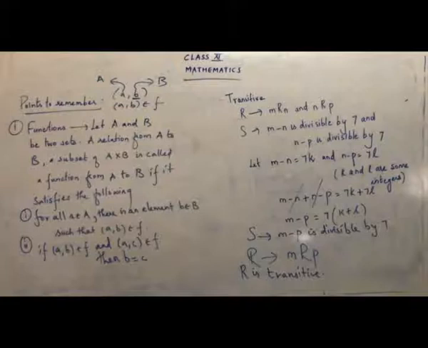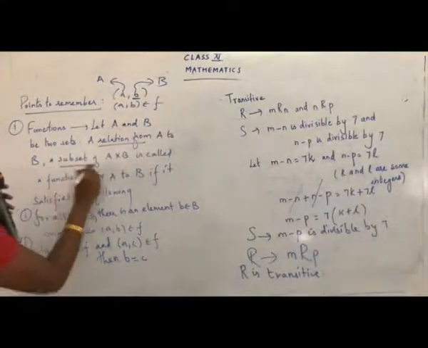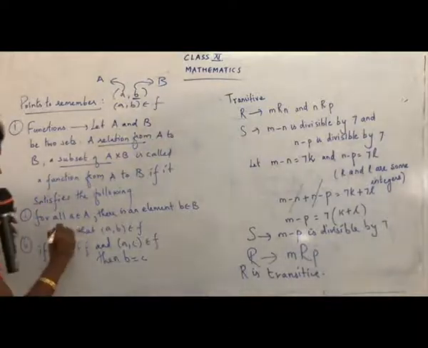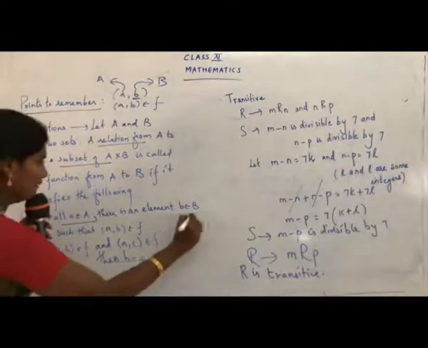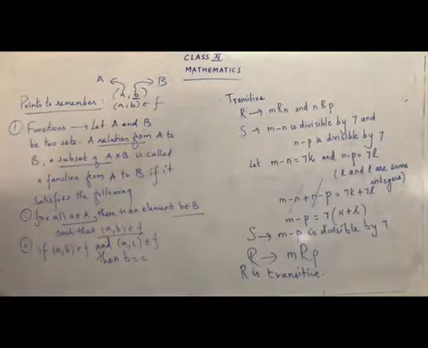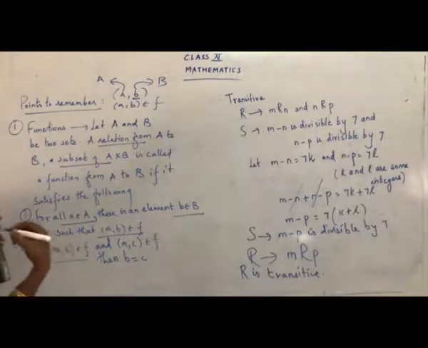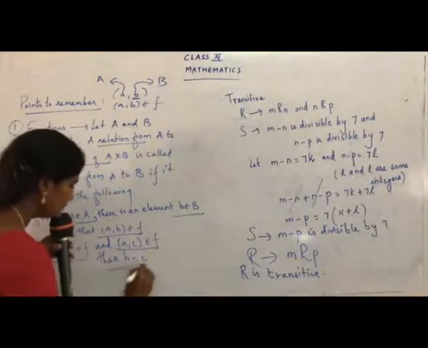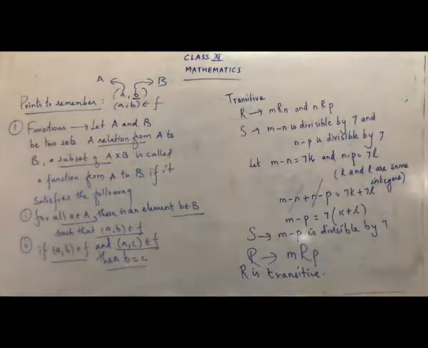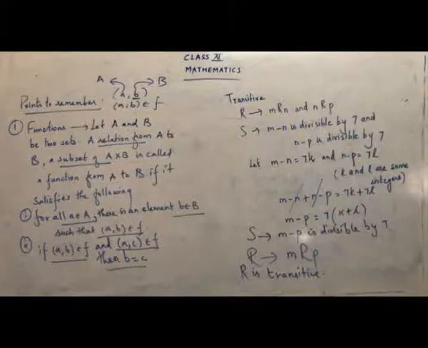So this is the definition. Remember the conditions. It should be a relation from A to B, a subset of A cross B, with a belonging to A and b belonging to B, (a, b) belonging to f; and if (a, b) belongs to f and (a, c) belongs to f, then b is equal to c. This is the definition that we already saw in class 10, just a small recap of what we did in our previous class.